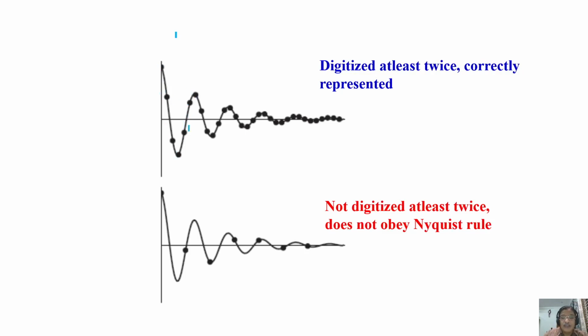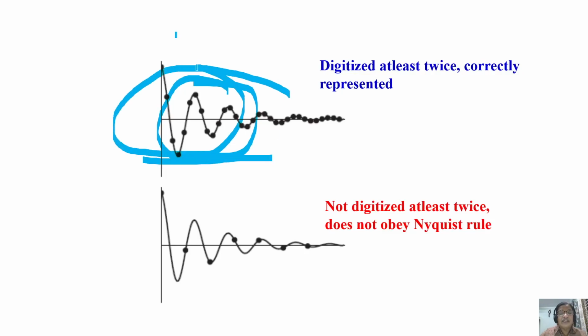It is digitized precisely because you can measure the frequency from this oscillation. From here to here is one period, so you know the frequency, and that shows 6 to 7 points. It is digitized much better, more than what is required. You require at least twice digitization. This is very well characterized, very well represented correctly.